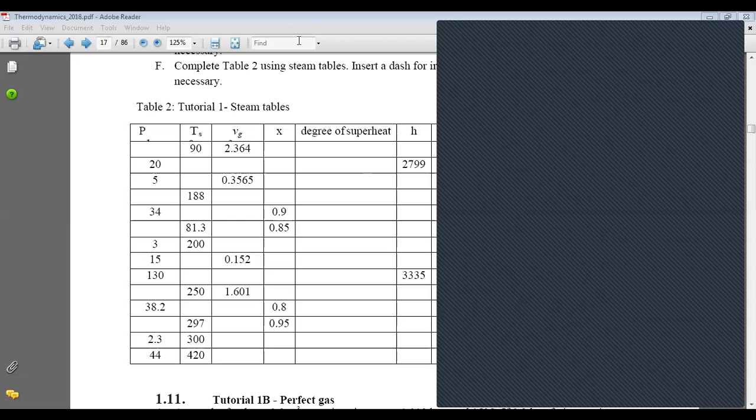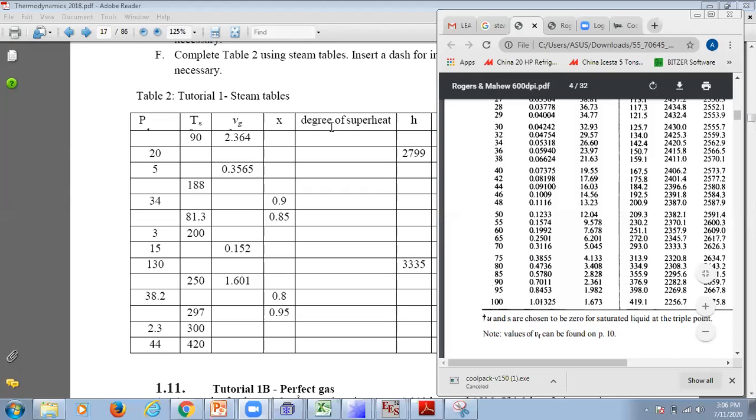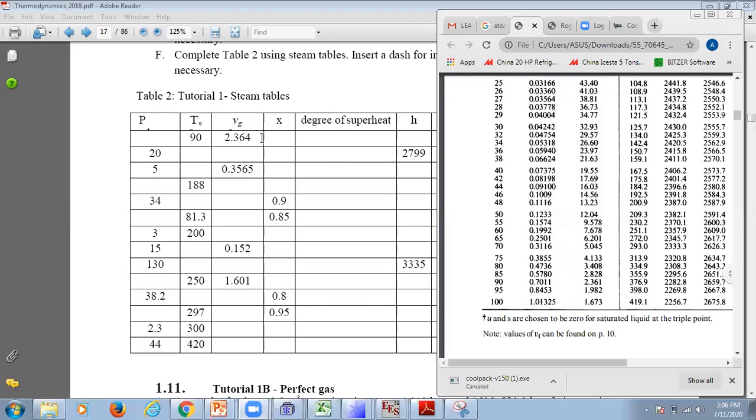Yeah. So this is your table, and this is the Rogers and Mayhew. So temperature 90 is here. Vg value is 2.361. Okay, 2.361. But on this table it is 2.364.